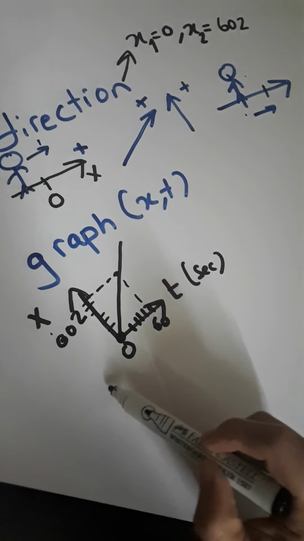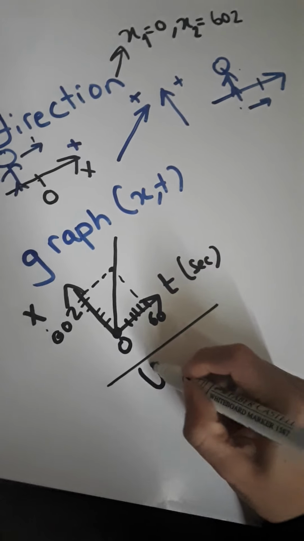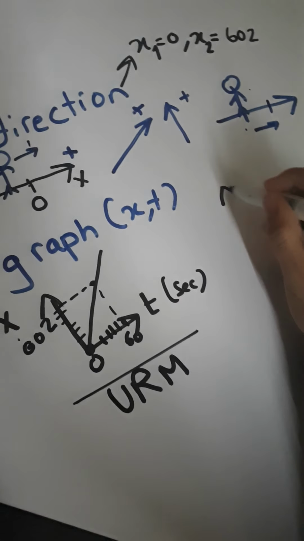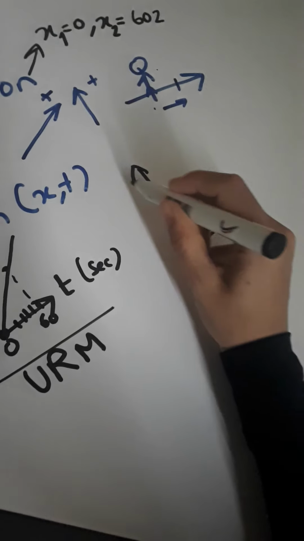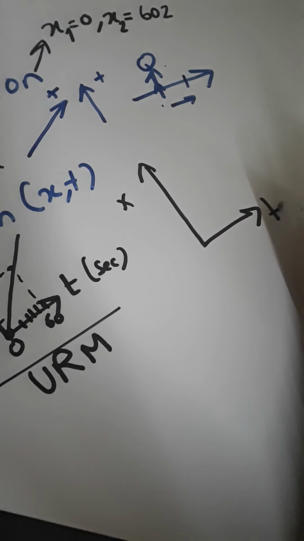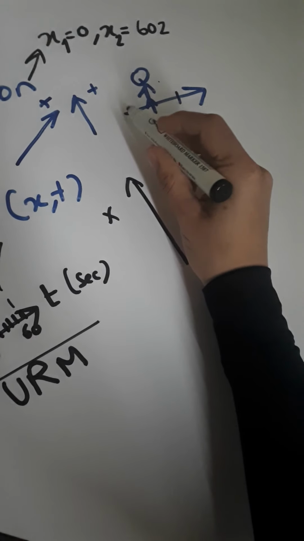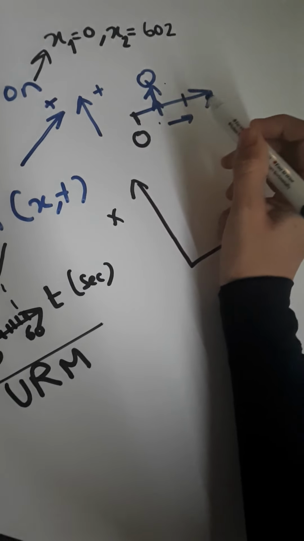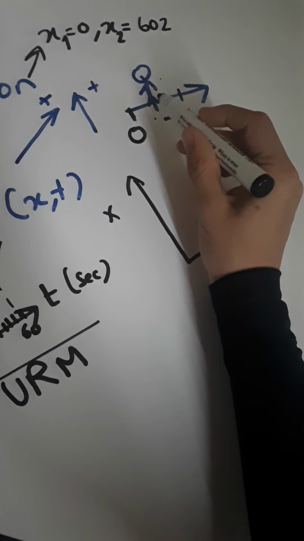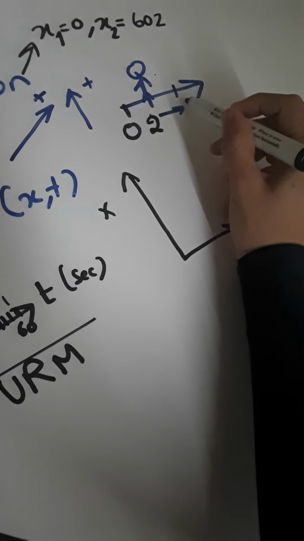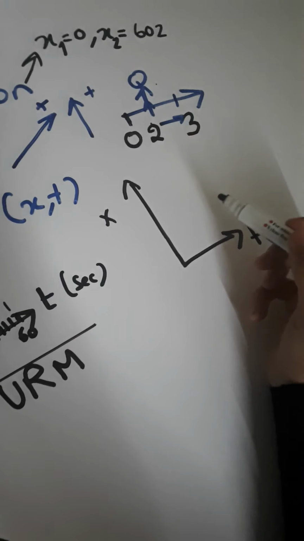Concerning the graph, this represents a URM. And this represents a URM also. Let's say the man started, I'm talking about the same man, but the 0 is here now. At t equal to 0, let's say the man was at 2, and at t equal to 1 second, the man was at 3, sorry.